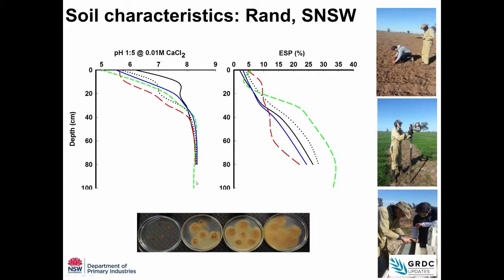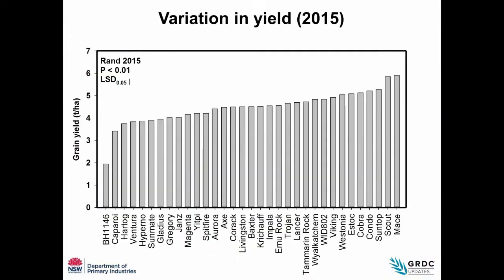And so, just a very quick representation of the data that we have. For example, variation in yield in the varieties that we chose in 2015. There was about a threefold variation in yield in response to that site.